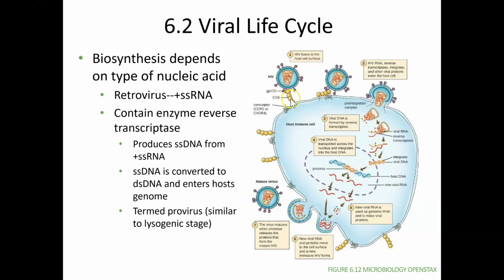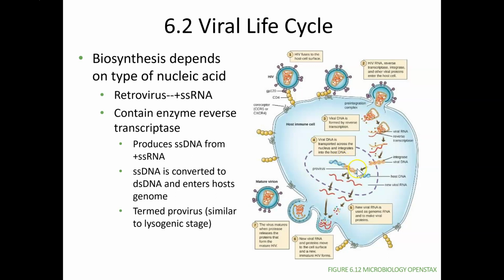HIV binds to a CD4 cell, so this is a helper T cell receptor, and then it enters. So it moves in, and once it's inside, the viral RNA is going to be reverse transcribed into negative stranded DNA, which then can enter into the nucleus. Inside the nucleus, we can then produce, using DNA polymerase, the positive stranded DNA, and this can get incorporated into the cell.